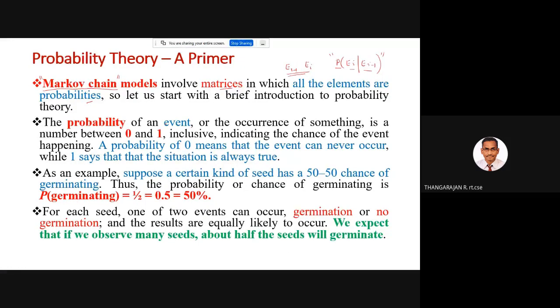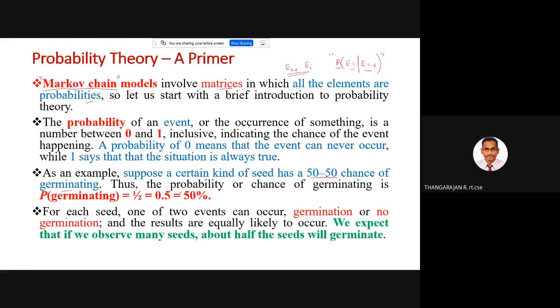So we'll see like this. Here I have taken the example of a 50% chance of germinating a seed. You take a seed, you sow the seed in the soil, you put water. But what is the guarantee that this particular seed will germinate, will become a plant? You know that not all seeds are capable of germinating.